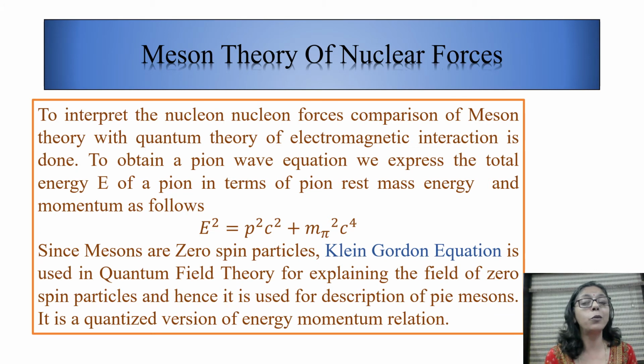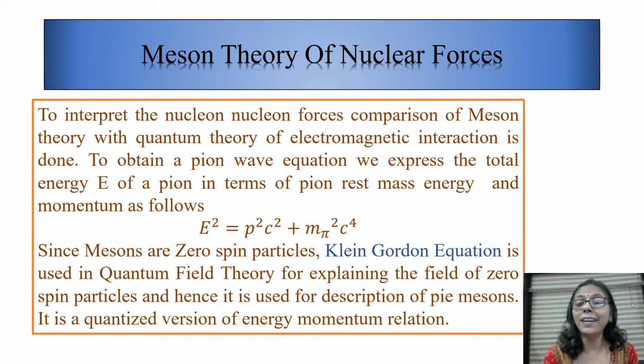It is very well known to all of us. We have been studying it since relativistic mechanics: E square is equal to P square C square plus M square C to the power 4. And since I am talking about the pion, I have replaced this M by M pi.